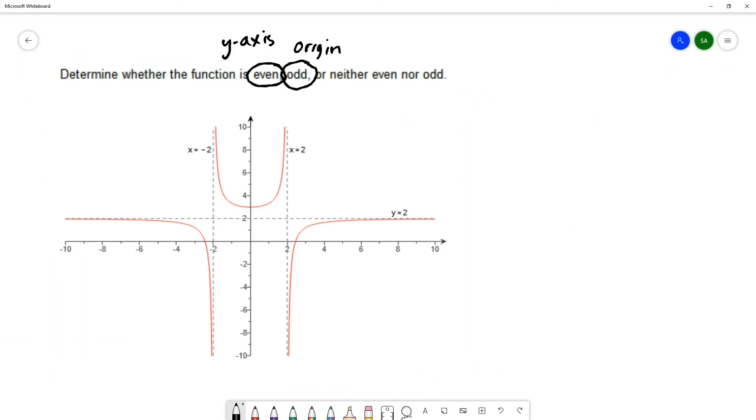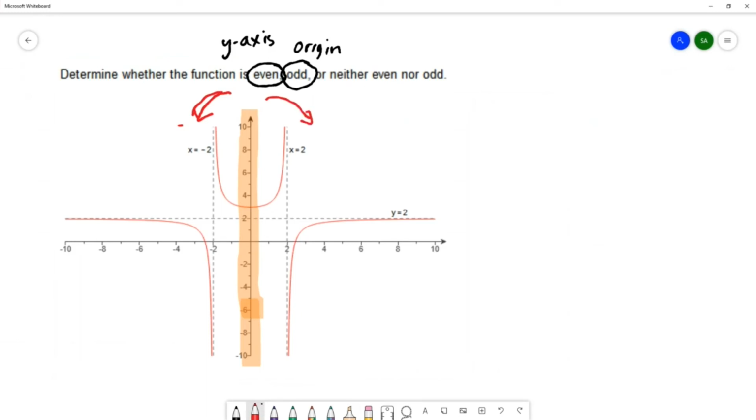So if we want to put this graph into the category of even or odd, we need to know what these types of symmetry mean. Now, when a function has y-axis symmetry, let me highlight the y-axis for you. The y-axis is this vertical axis here. When a graph has y-axis symmetry, what you'll find is that you have a mirror image on the left and the right of the y-axis.